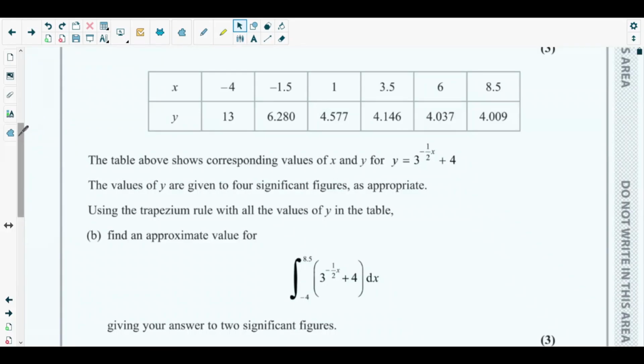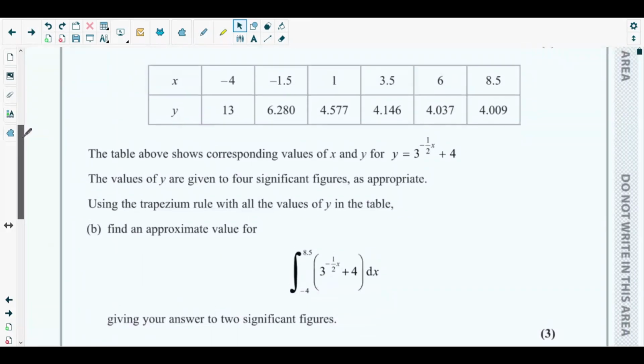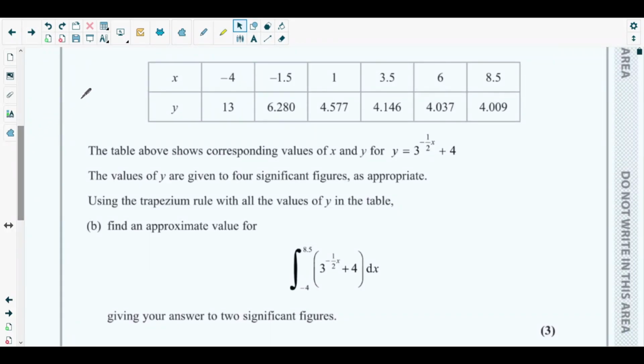Next is part B. The table above shows corresponding values of x and y for y equals 3 to the power of half x plus 4. The values of y are given to 4 significant figures as appropriate.